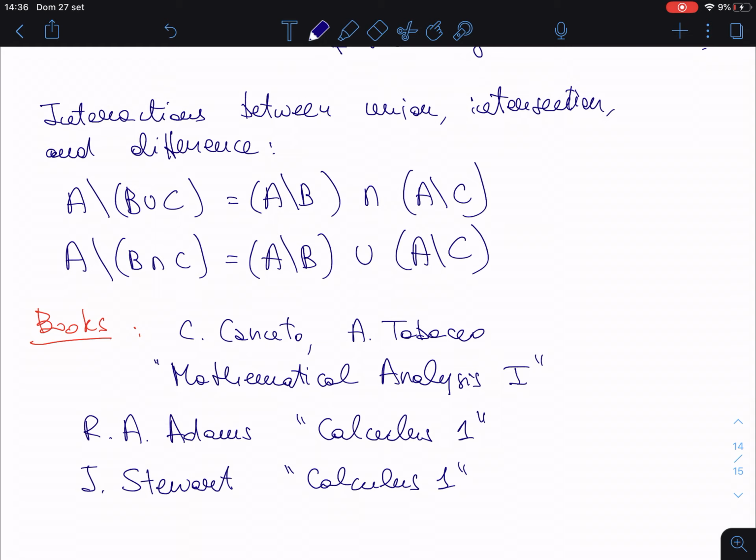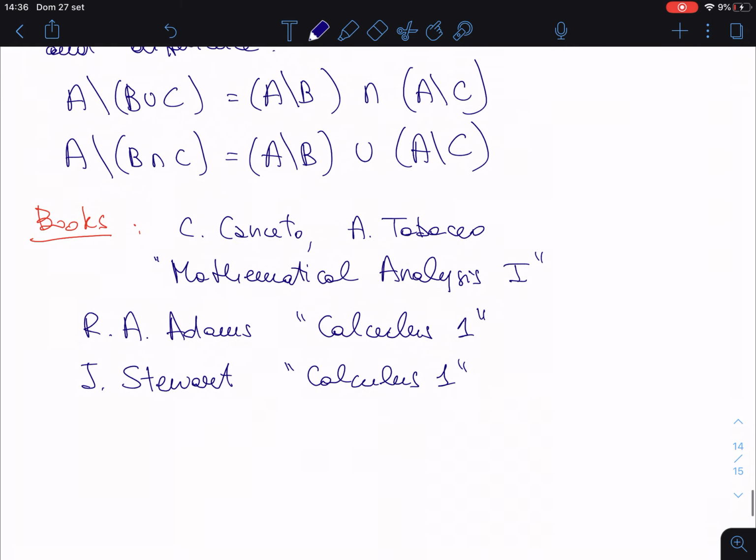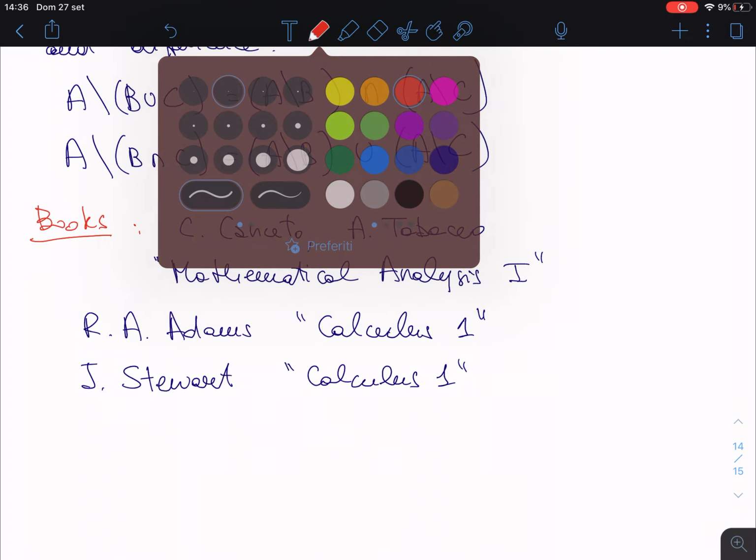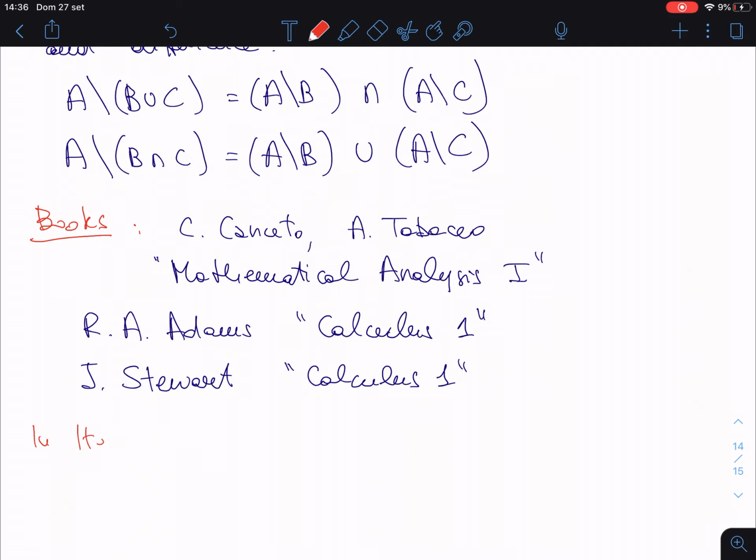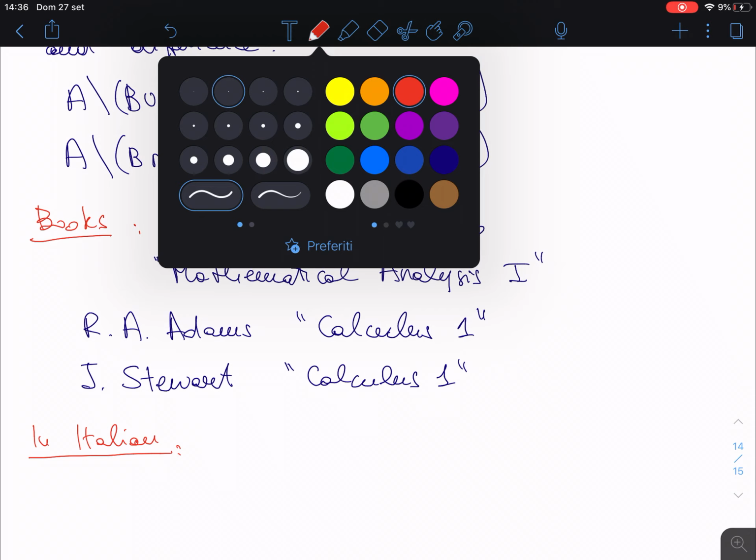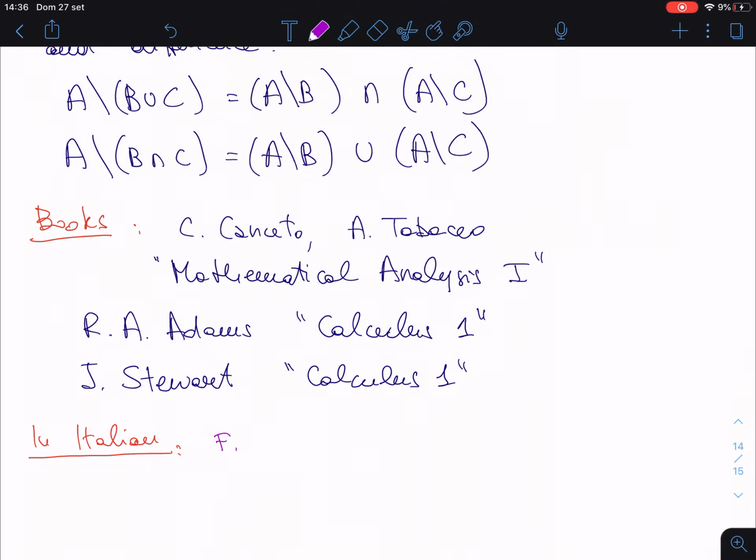Okay, then for Italian students, because there are many Italian students among you, and there are many books, I suggest the book by Fabio Nicola, who is another teacher here at Politecnico, who wrote Lezioni di Analisi Matematica 1.